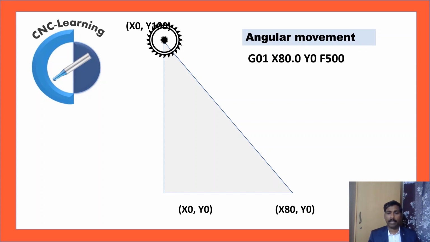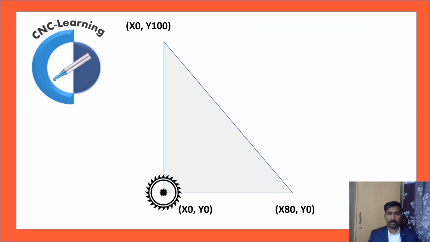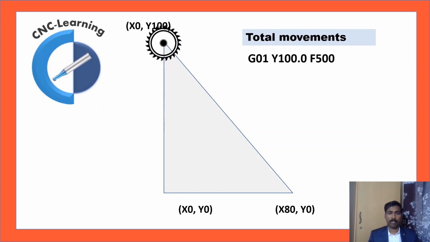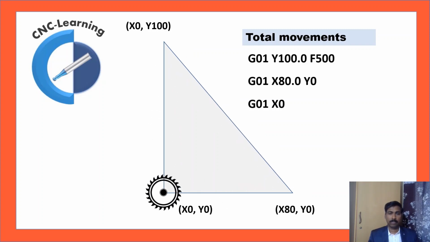G01 X80 Y0 F500. Now we have seen one horizontal movement, one vertical movement, and one angular movement. So we'll see how it happens. First it is Y100, then X80 Y0, then X0.